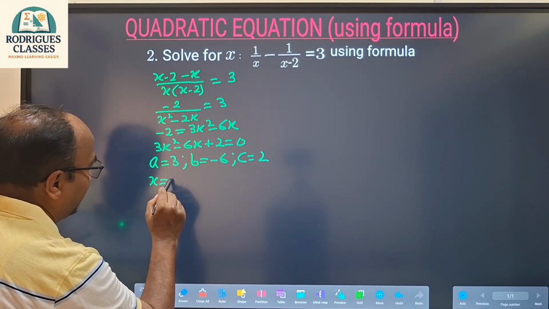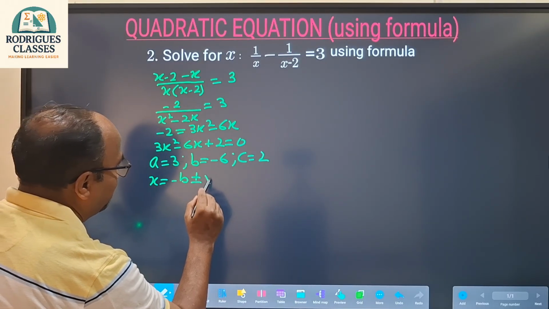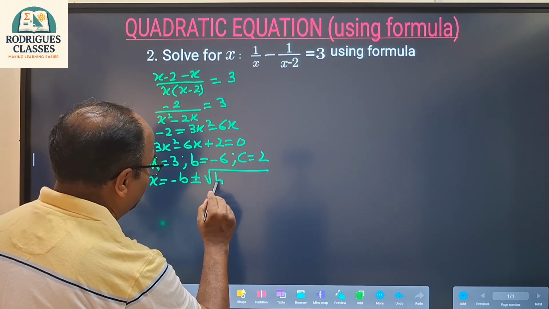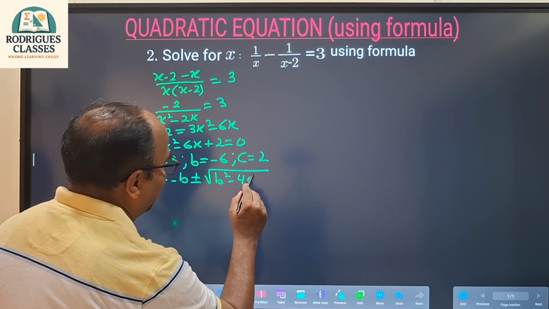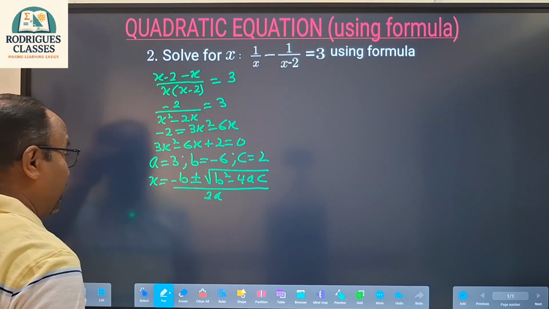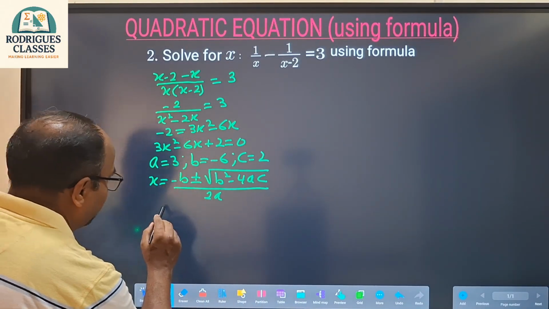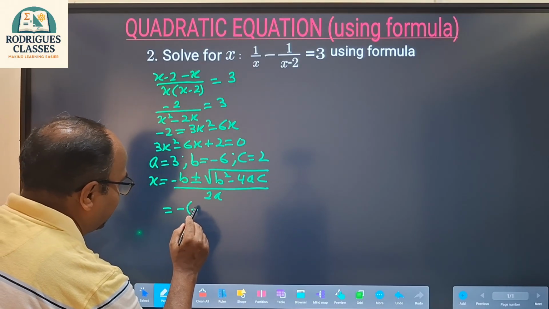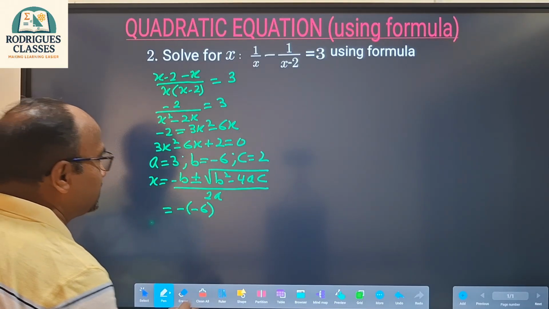Writing the formula, x is equals to minus b plus minus root over b square minus 4ac divided by 2a. So let us substitute the values. Minus, and then my b has a minus 6.